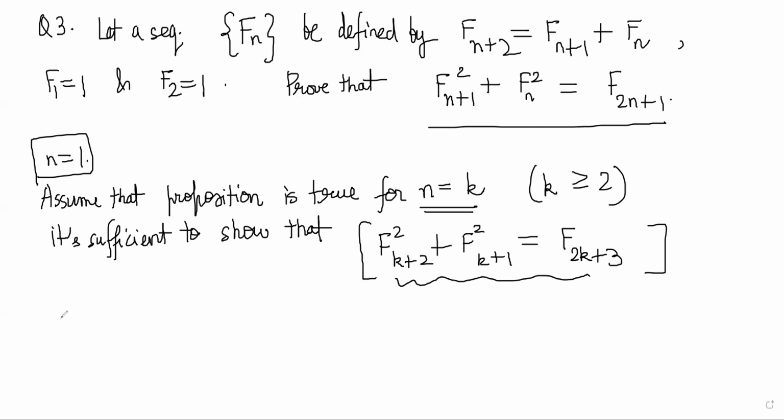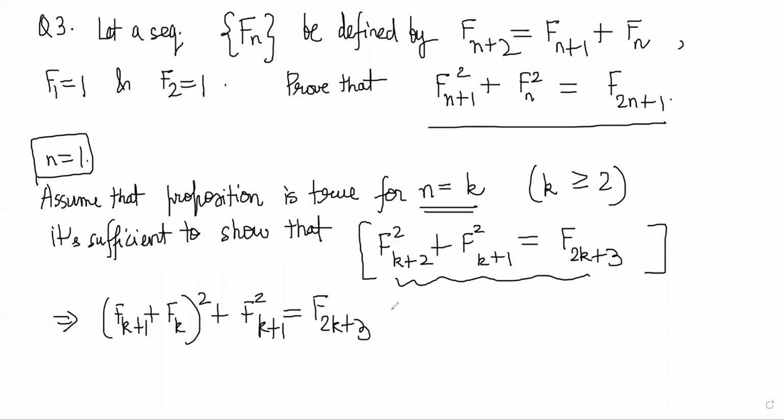So what is f squared k plus 2? That is the same as f of k plus 1 plus f of k whole square plus f squared k plus 1 is equal to f of 2k plus 3. And that can be simplified like this.